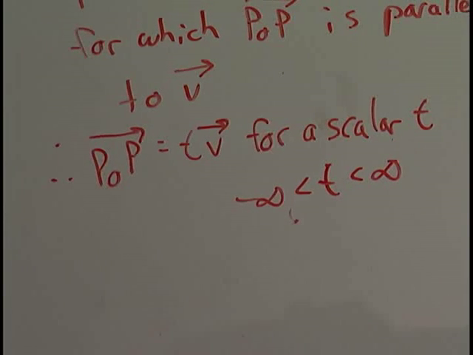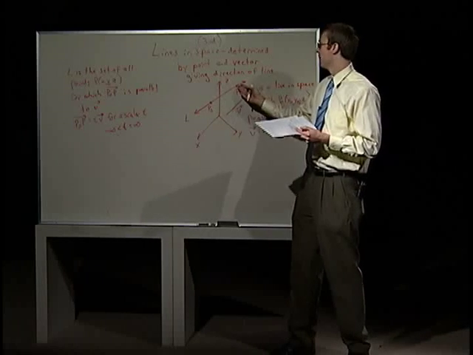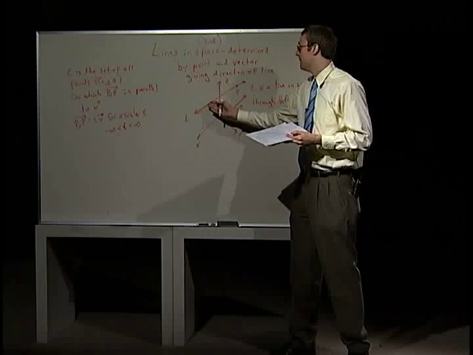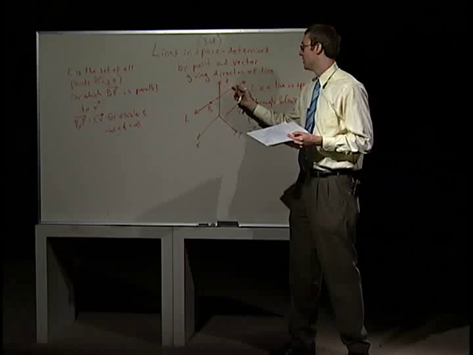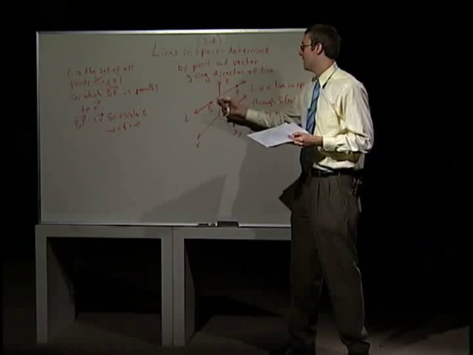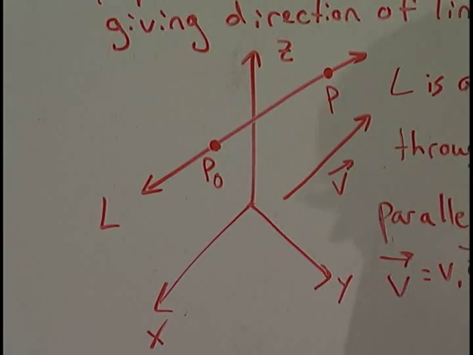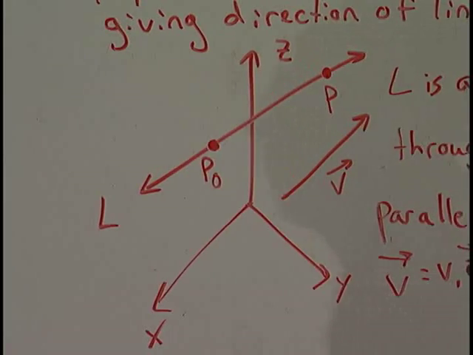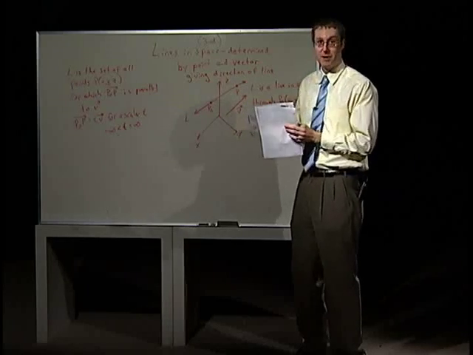So again, this line is infinitely long. It goes through all real numbers. And every single point P on the line is some vector from P0 that's a scalar multiple of v. Okay, so let's examine this a little bit further algebraically.